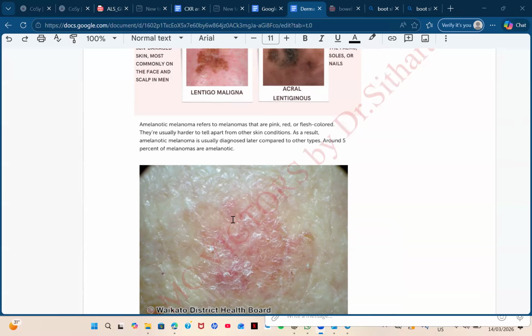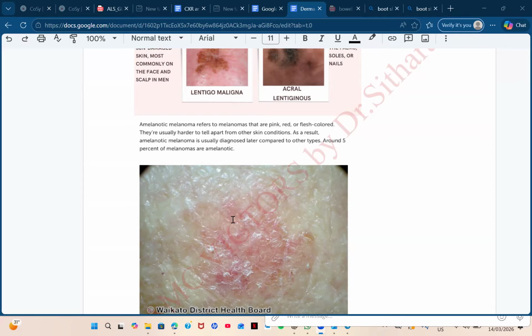Lentigo melanoma is melanoma in situ, a very benign case. In some cases we do not need to do the excision. Not in every case, but in very rare cases, we can just observe it and do the follow up. So you should know each point.